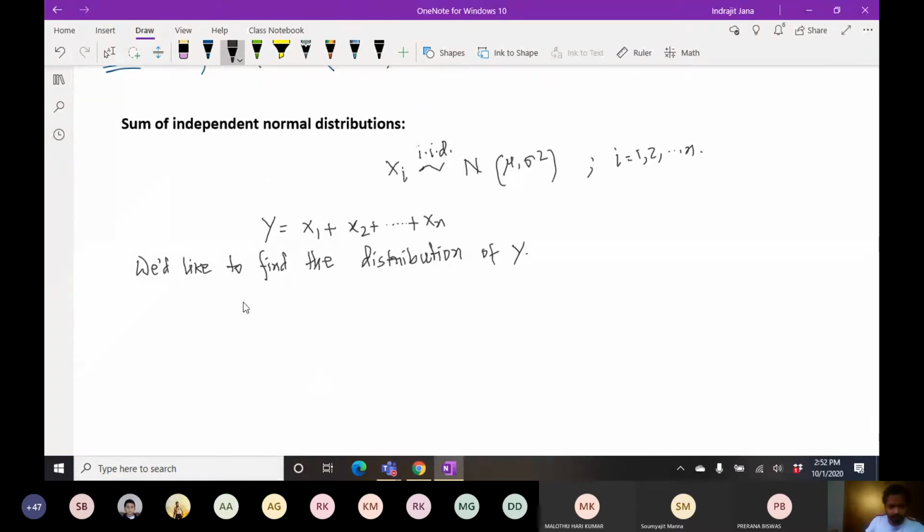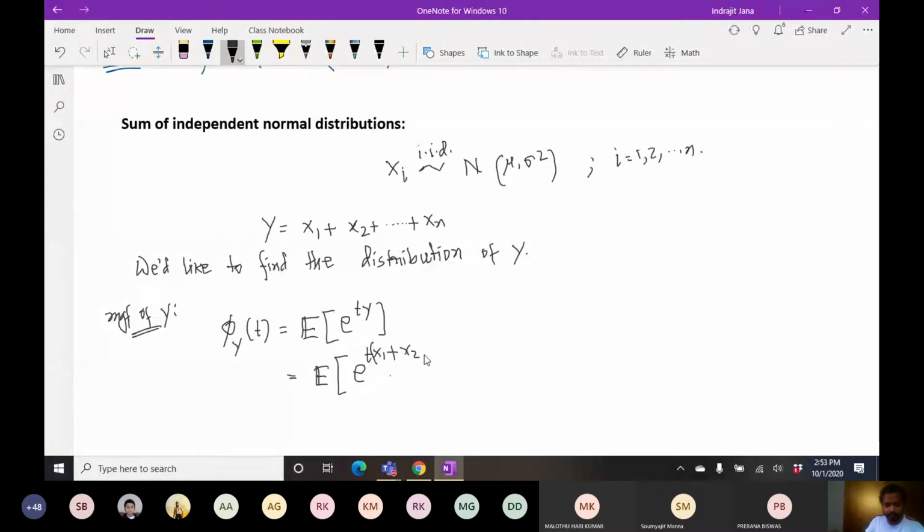So how do you do that? It's very simple. If we take the MGF path, the MGF of y, which is phi y of t, is the expectation of e to the power ty, which is the expectation of e to the power t times x1 plus x2 plus up to xn. We have seen this trick 1,000 times before.